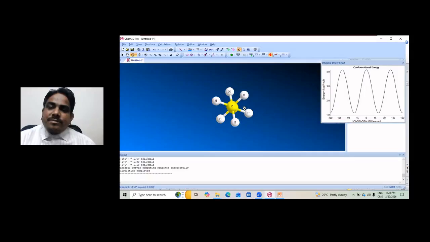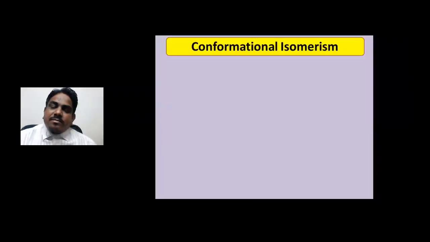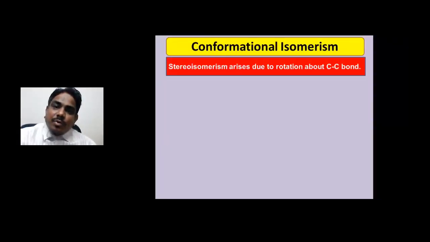Because of these different arrangements of groups around the carbon atom, the energy of the molecule also changes. So the isomerism that arises due to the rotation about the carbon-carbon single bond is known as conformational isomerism.